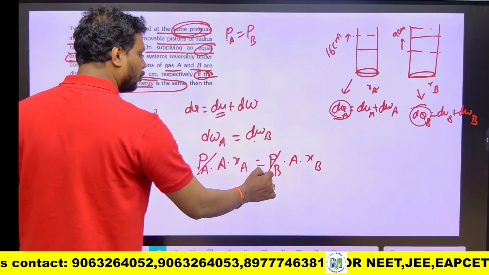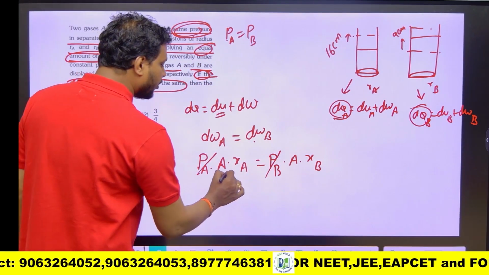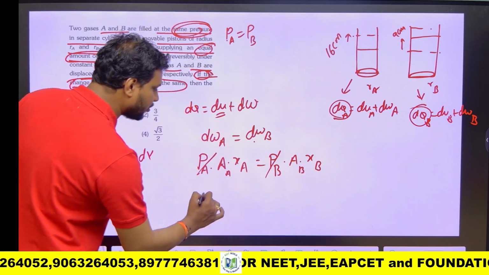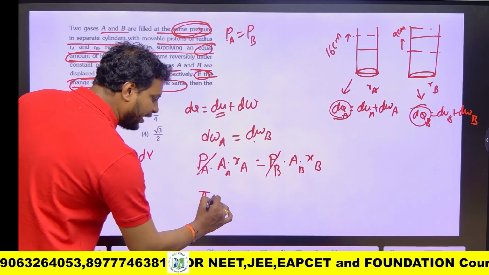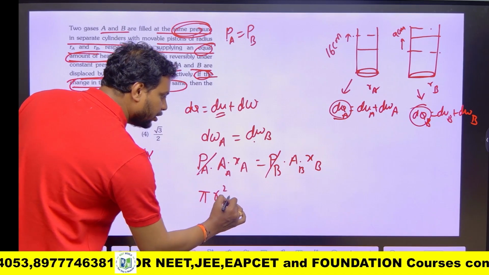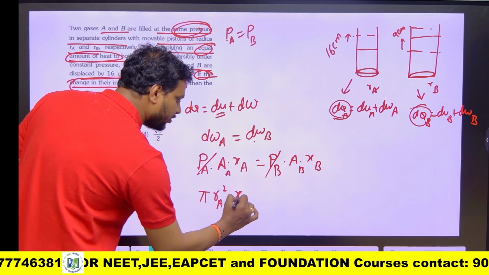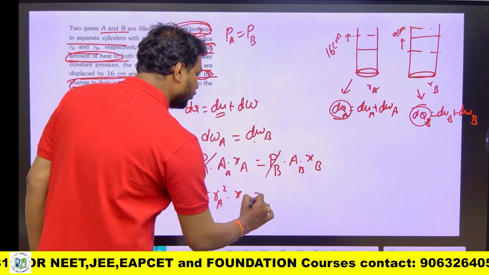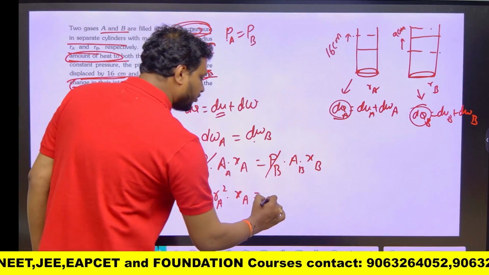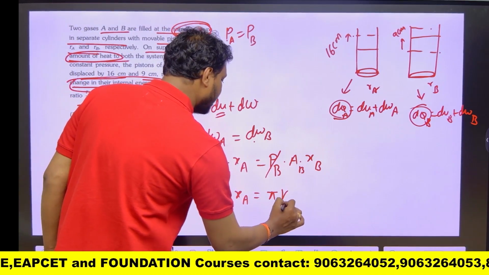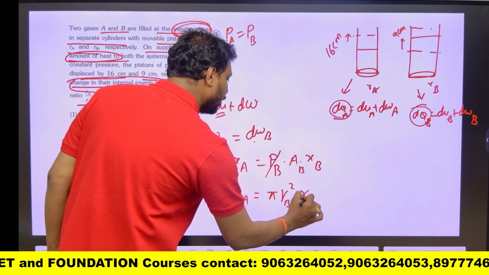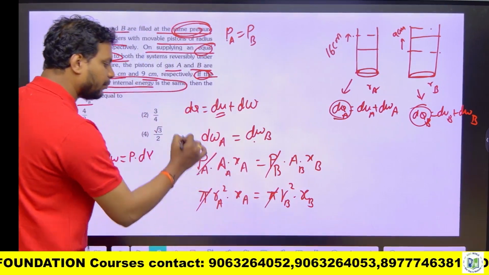We can cancel both. The area of the first cylinder is pi RA square, into XA, the displacement of the first cylinder, which is equal to the area of the second cylinder, pi RB square, into XB. Then cancel pi and pi.